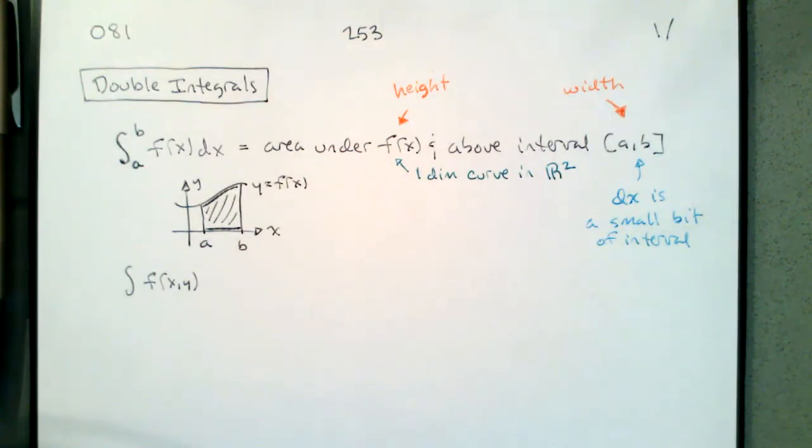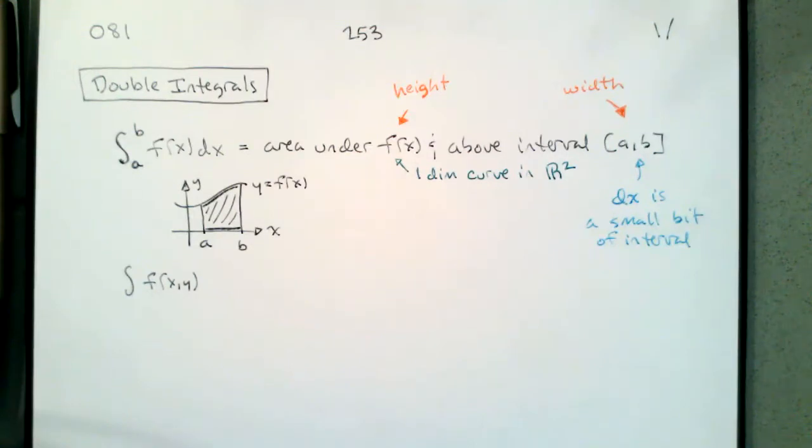I want to do height times width, but the height is all variable. So we assume that the height is constant for some small change in that interval. Because if the function is continuous, it will change very little over a very little change, a little bit of the interval.